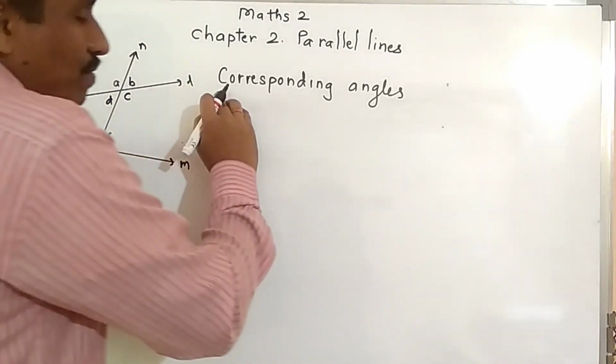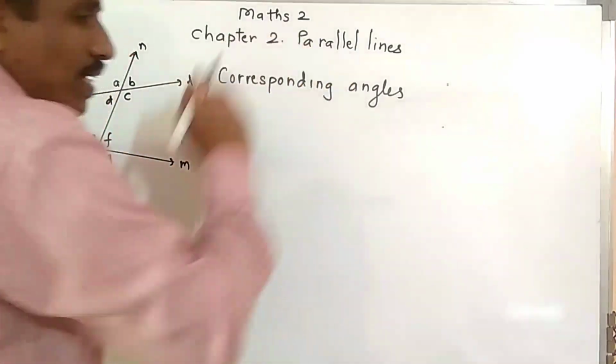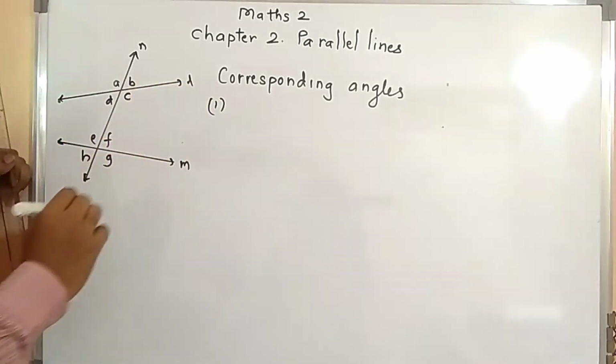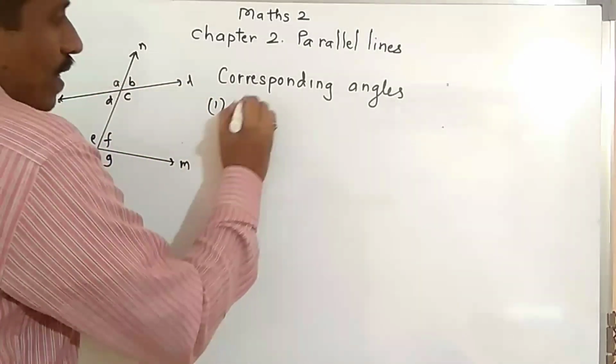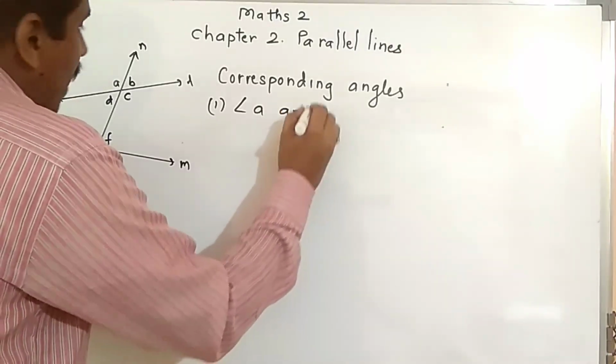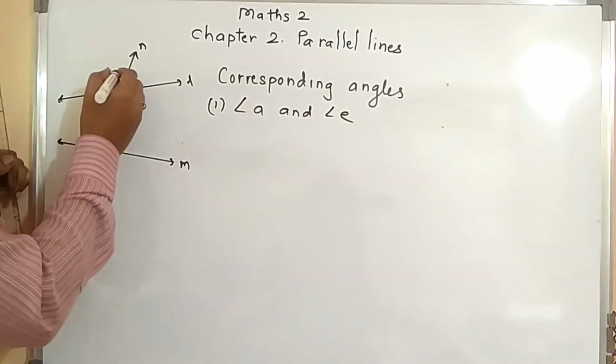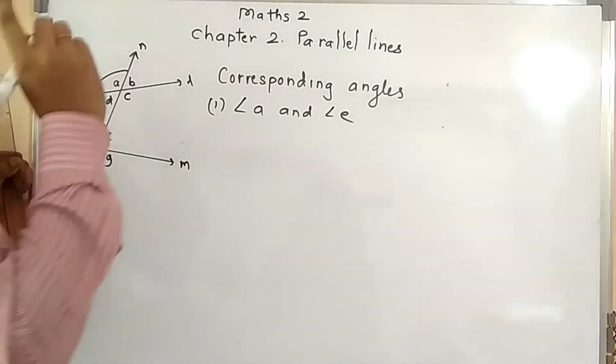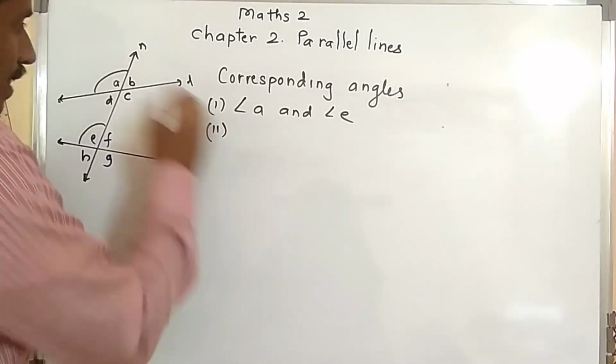The first type of angles are corresponding angles. So we get four pairs of corresponding angles. Angle A and angle E. This is angle A and this one is angle E. This is the first pair of corresponding angles.